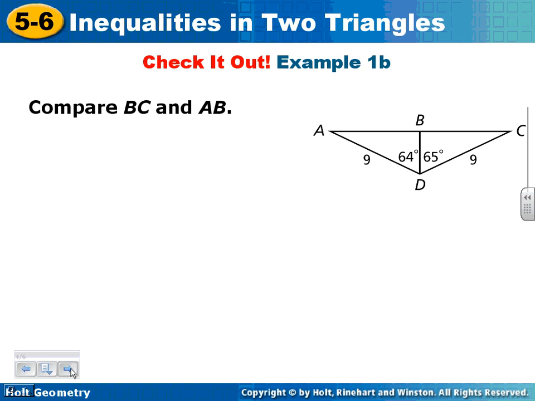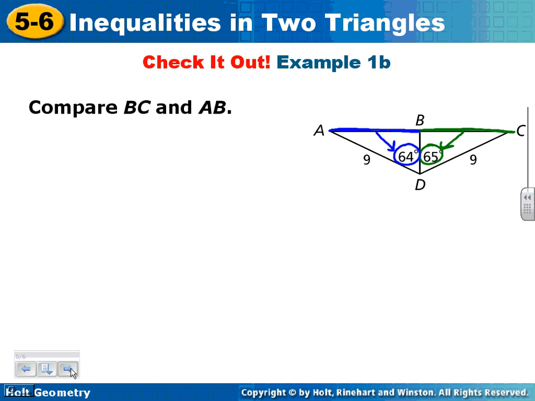The fifth slide, comparing BC to AB. Well, it looks like this side BC, I'm putting green, has the opposite angle of 65. And AB over here, I'll put in blue, has an opposite angle of 64.